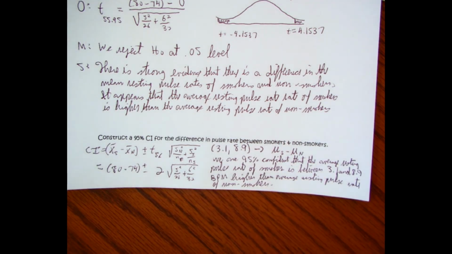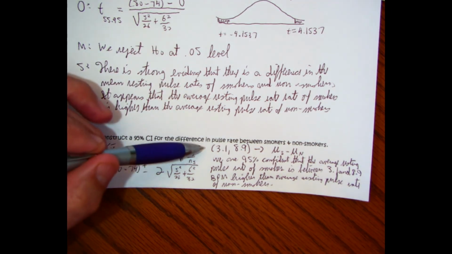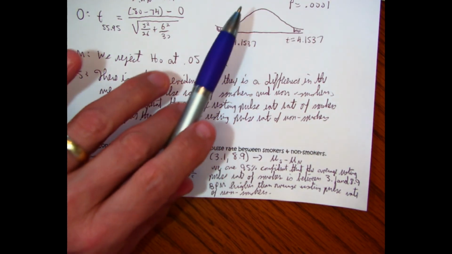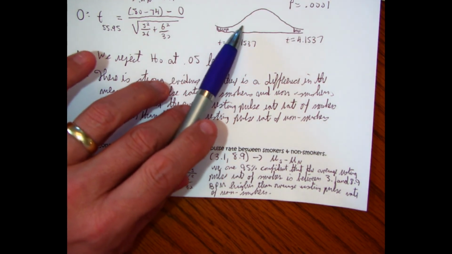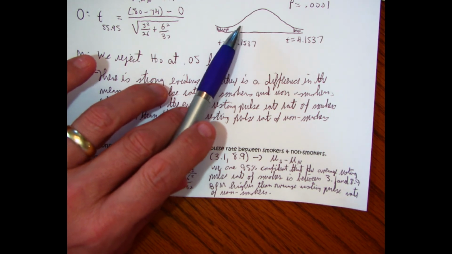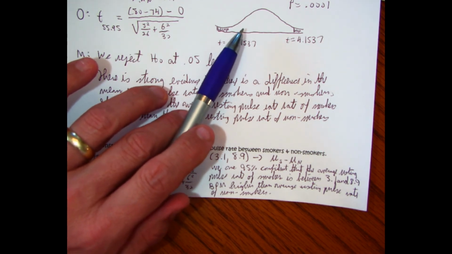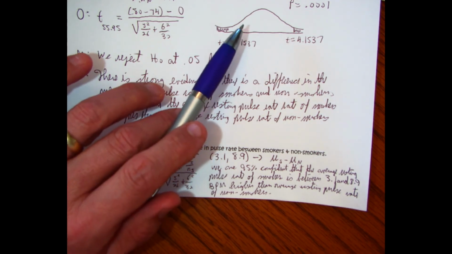Okay? So that's basically what we're saying, and that's basically going to follow what we wound up getting as our result of our hypothesis test. We said, yeah, there's very strong evidence that the average resting pulse rate of smokers is different. That's what we tested for. We tested for a difference.